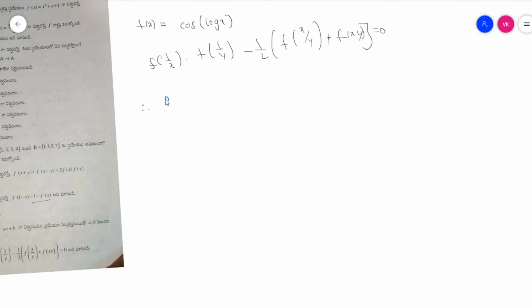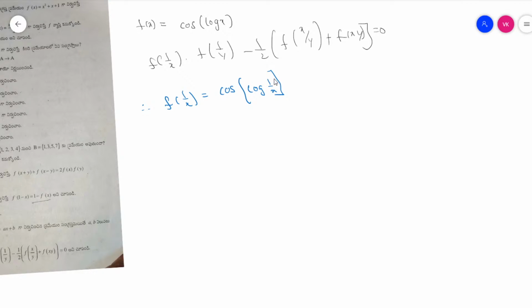Okay, first for f of 1 by x. f of 1 by x is equal to cos of log 1 by x.